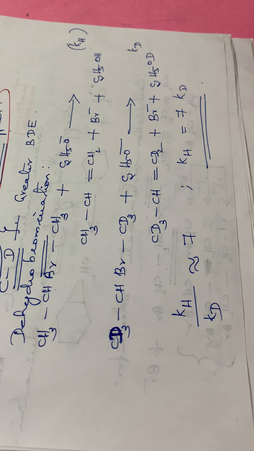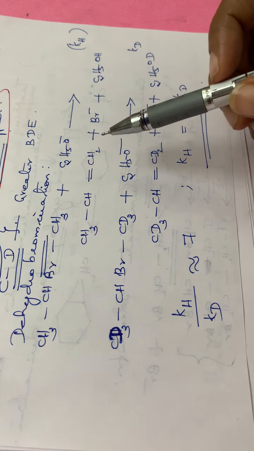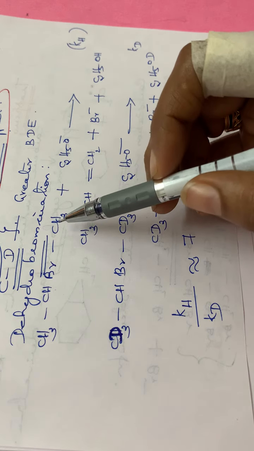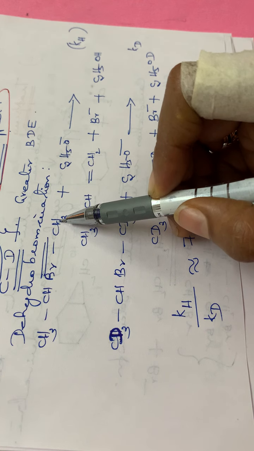Okay, rate is equal to, kH is equal to 7 times that of kD. That means in the rate determining step, the cleavage of the C-H bond will be taking place in the rate determining step itself. Okay, in the first step itself, the breaking of the C-H bond will be taking place.